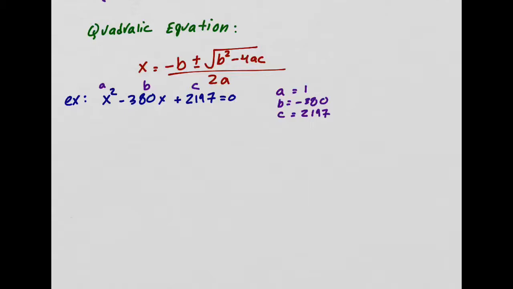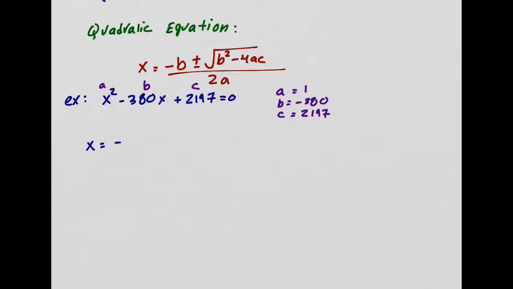Okay, now what we're going to do, we are going to plug it in here. So x is going to equal minus b. What is my b? Negative 380.